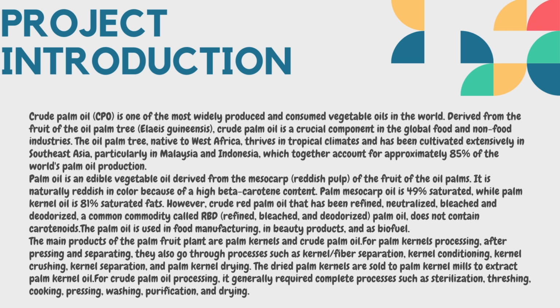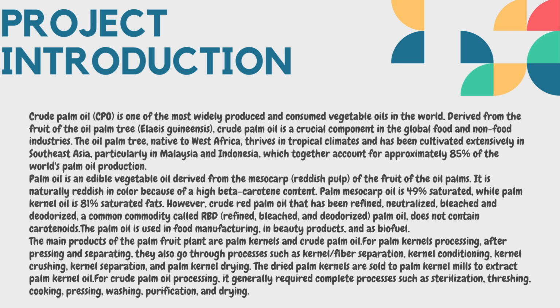However, crude red palm oil that has been refined, neutralized, bleached and deodorized, a common commodity called RBD, refined, bleached, and deodorized palm oil, does not contain carotenoid. The palm oil is used in food manufacturing, in beauty products, and as biofuel.